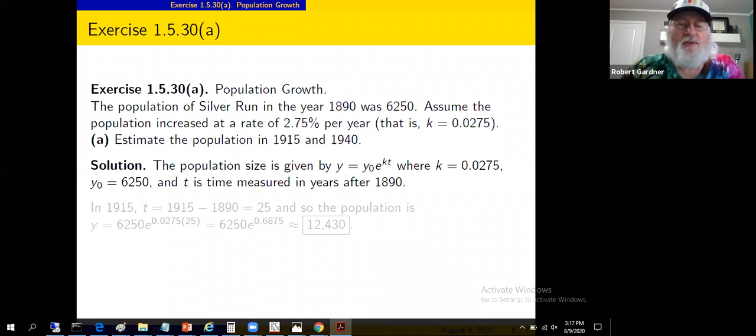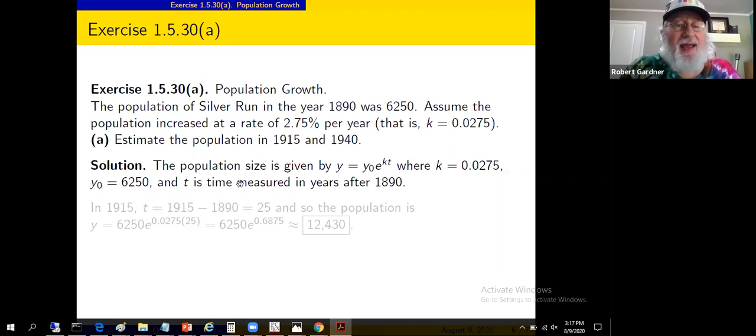Okay, so the population growth is given by this exponential function where the k value is 0.0275. Y sub 0 represents the population at time t equals 0. We know the population in 1890 was 6,250.